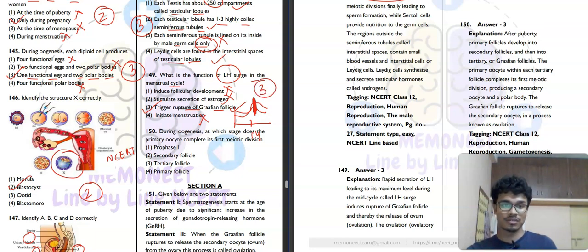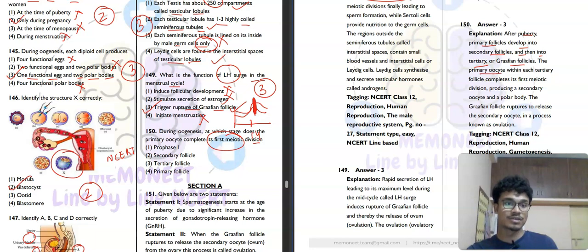Moving toward the last question of this part, it is saying that during oogenesis, at which stage does the primary oocyte complete its first meiotic division? Prophase first, secondary follicle, tertiary follicle, or primary follicle? This question is a bit confusing, but if you understand this, it is very easy. It is saying first meiotic division. After puberty, primary follicles develop into secondary follicles and then into tertiary or Graafian follicles.